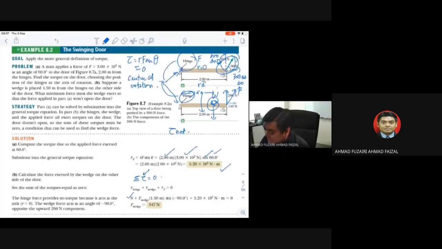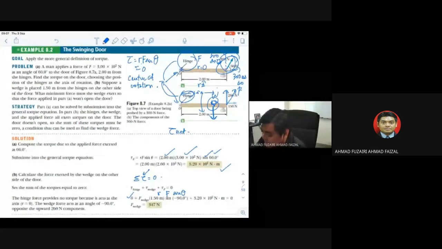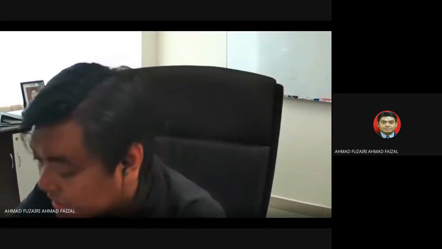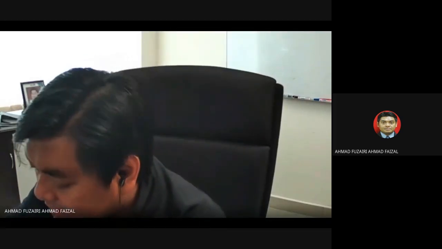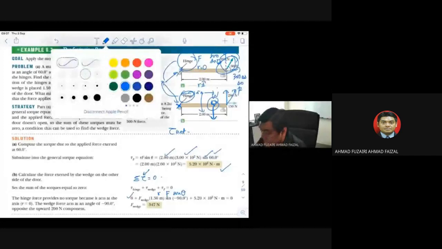Untuk wedge pula dia jadi 1.5 R F sin theta. Okay, tetapi negatif sebab dia ke arah bawah. And of course kalau kita tengok macam mana wedge tu boleh dikatakan negatif sebab bila kita ambil center of rotation dekat hinge tu, hinge tu ke arah wedge.